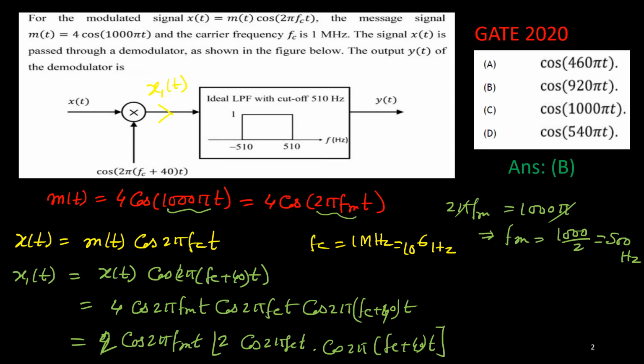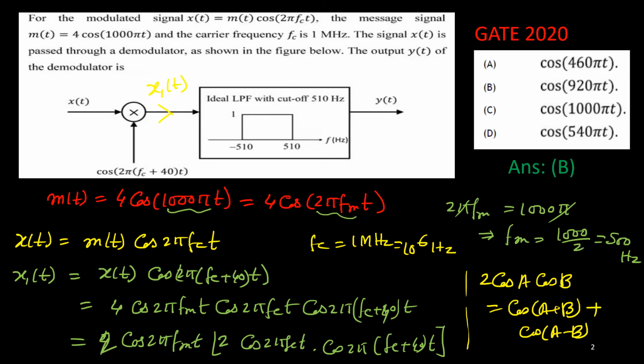You know that 2 cos a cos b is simply cos of a plus b plus cos of a minus b. So one is addition, one is subtraction, right? So you will see the answer will be the 920. This b is given, so we will check.